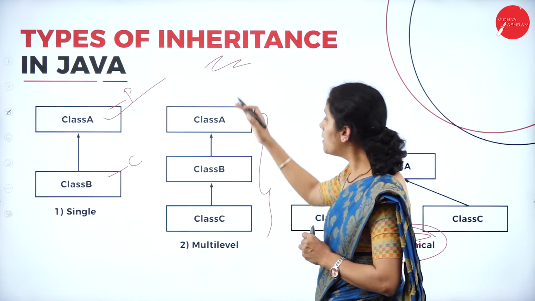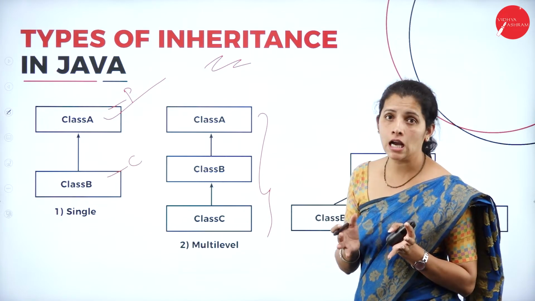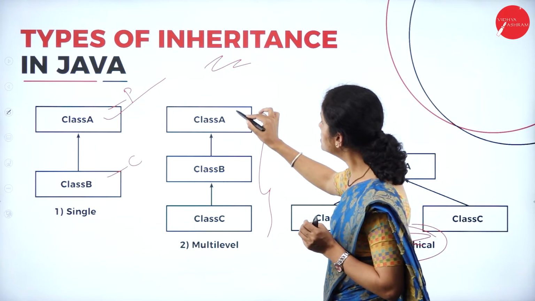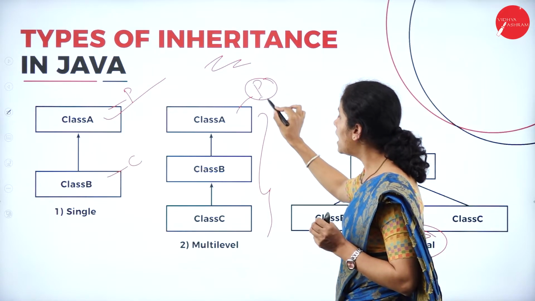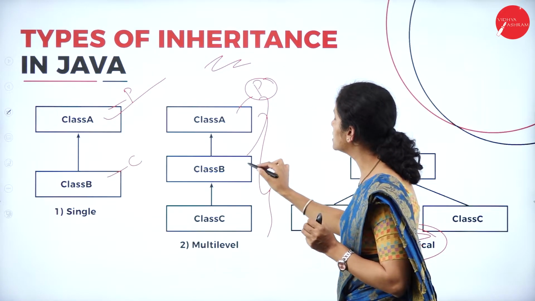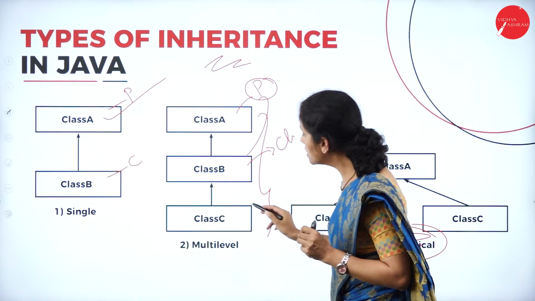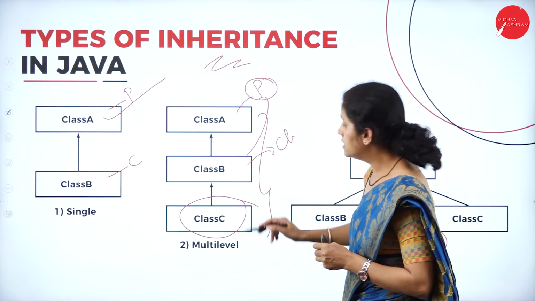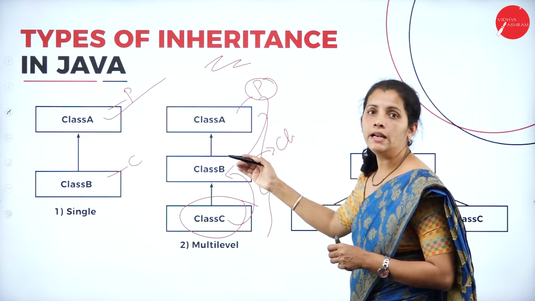And what is multi-level? Here I have 3 classes. If I consider class A as the parent, then class B is the child class. And if I consider class C as the child, then for this child class, class B is the parent class.